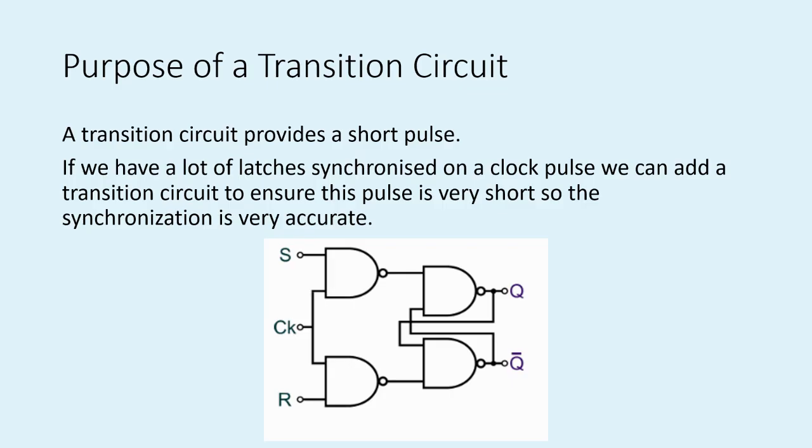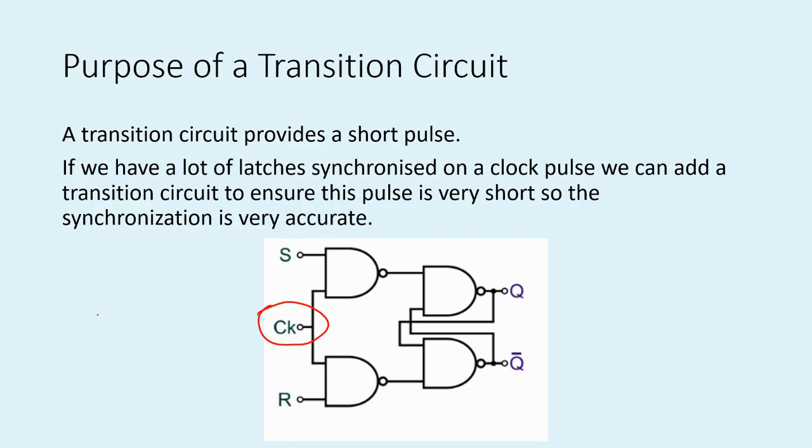Okay, what's the purpose? Why do we bother with this tiny, tiny pulse? The purpose is synchronization. So we're going to look in the next video, when we take the S bar R bar latch a little bit further, at the SR latch, which is a circuit that looks like this. And the SR latch has a synchronization of a clock here. And basically it only reacts when the clock is high.